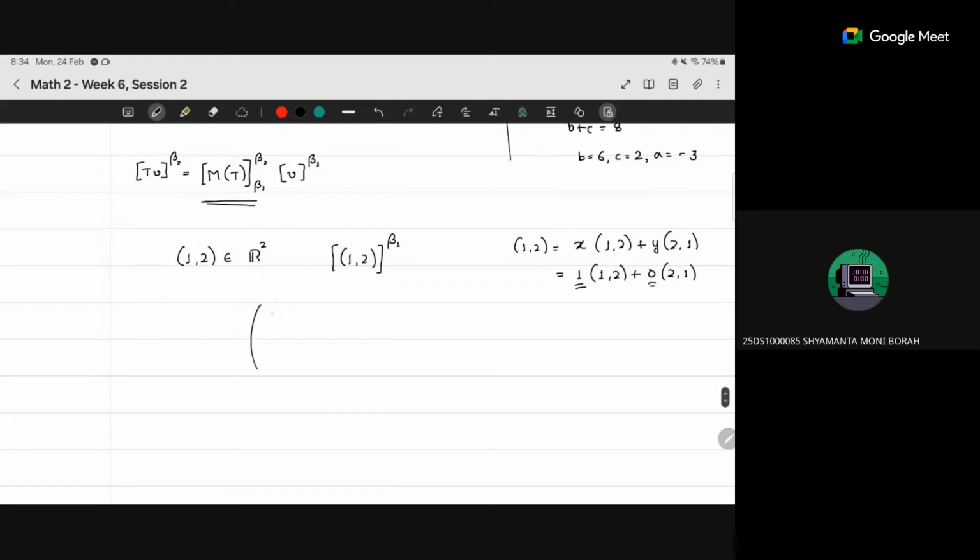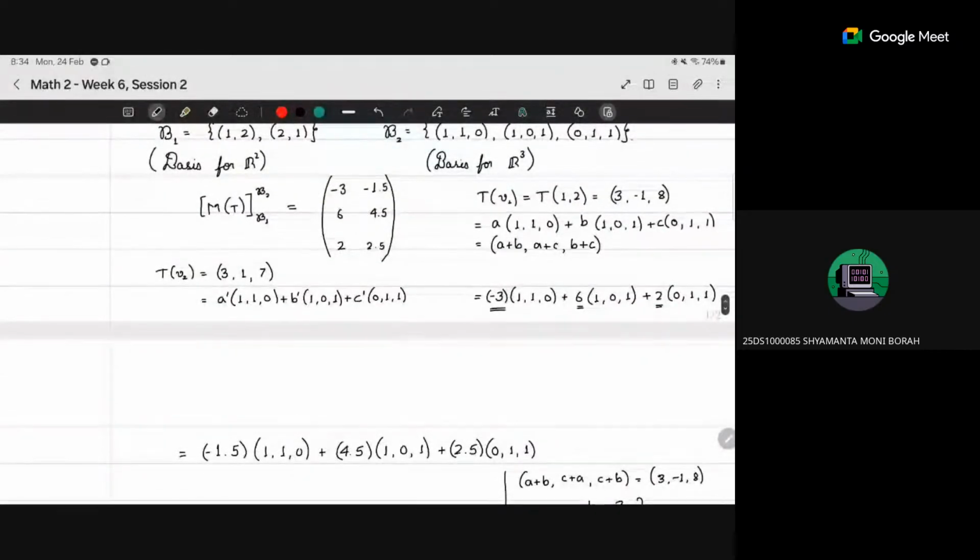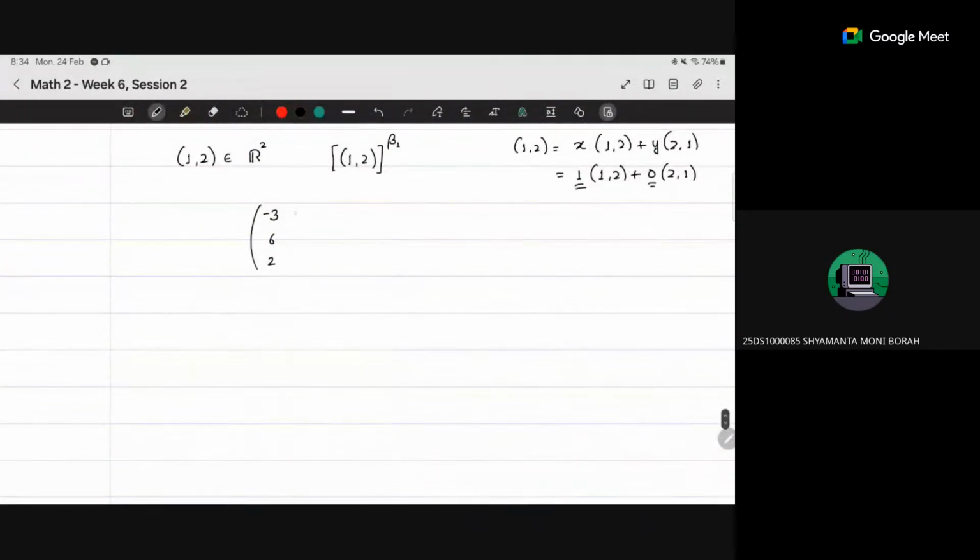So now let us take this matrix. What was it? Minus 3, 6, 2, was it? Minus 3, 6, 2 and minus 1.5, 4.5, 2.5. Now if I multiply this with 1, 0, what will I get?